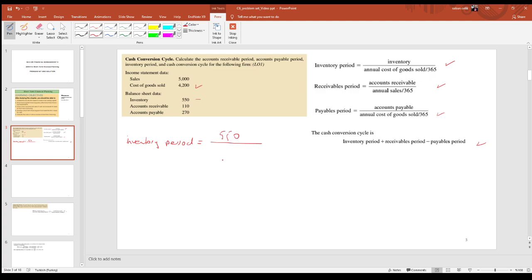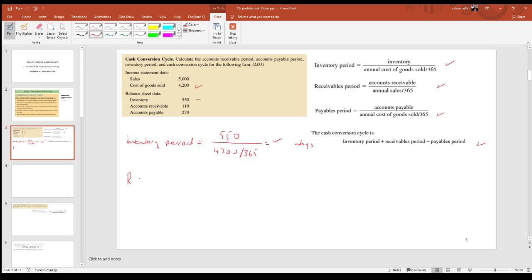Here we have annual cost of goods sold and we will calculate its daily amount and we are going to use 365 as the number of days in a year. So this will be the inventory period, which is the number of days a product spends in your inventory.